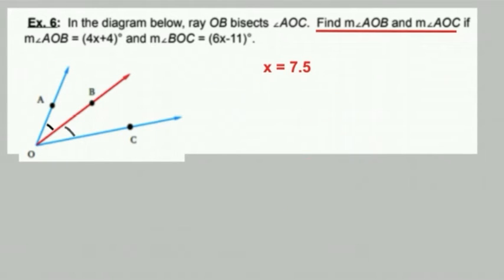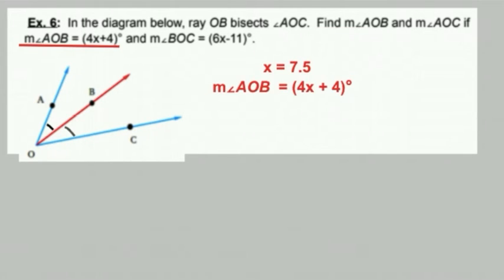Well, if x equals 7.5, now I can answer the question, what is the measure of angle AOB and the measure of angle AOC? The measure of angle AOB, they told us, was 4x plus 4. So I'm going to substitute 7.5 in for x to get 4 times 7.5 plus 4 degrees, which is going to give me 34 degrees.